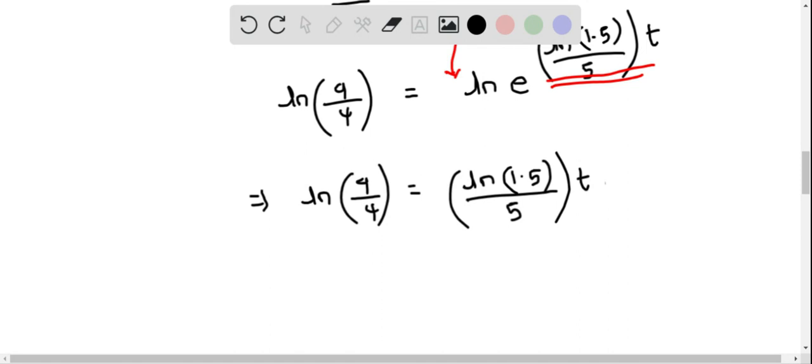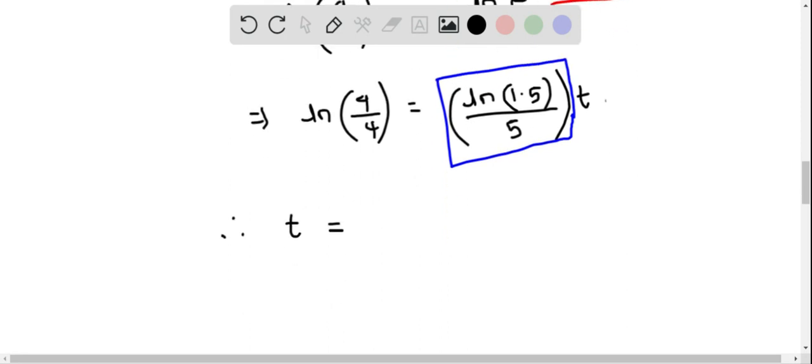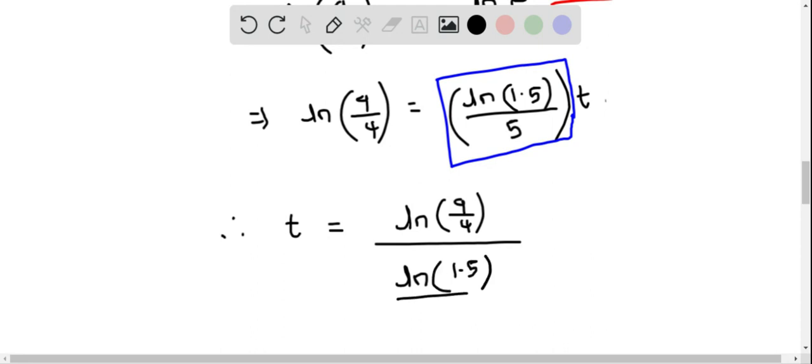From this we have to determine the value of t, which means we divide both sides by this quantity. So I rearrange for t, and t equals the natural logarithm of 9 fourths over the natural logarithm of 1.5 divided by 5.